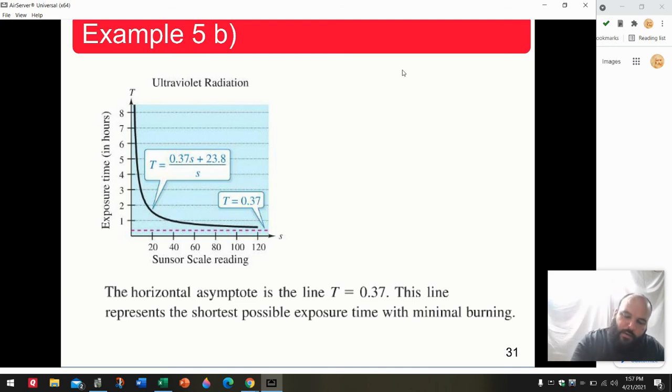You see this horizontal asymptote way down at the bottom that the graph is approaching, that it won't ever cross. The horizontal asymptote is the line t equals 0.37, and this line represents the shortest possible exposure time with minimal burning.